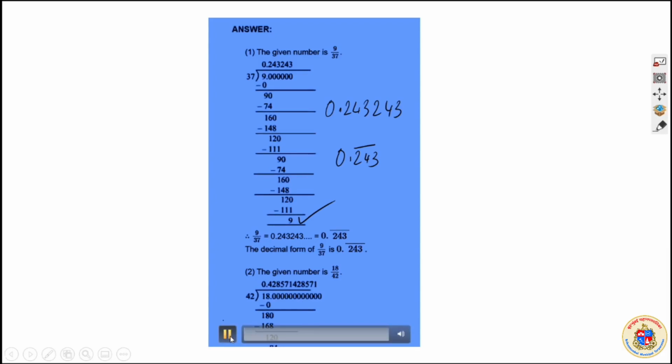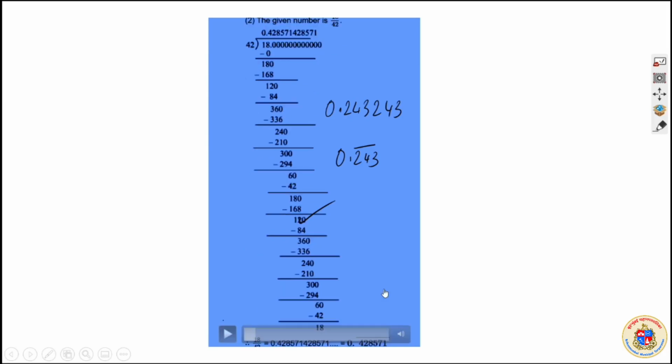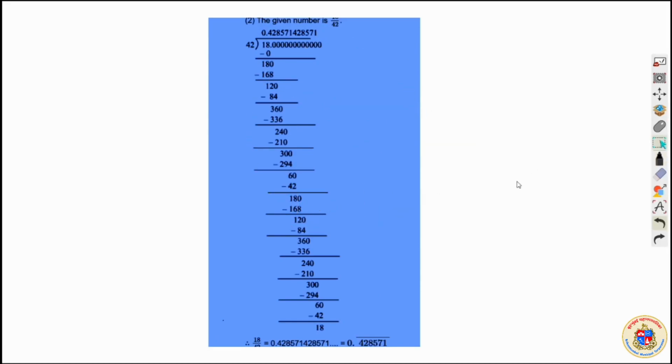Let us go ahead with some more examples. The second example is dividing 18 by 42. 18 to be divided by 42.